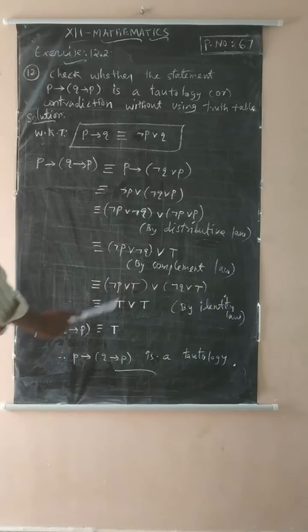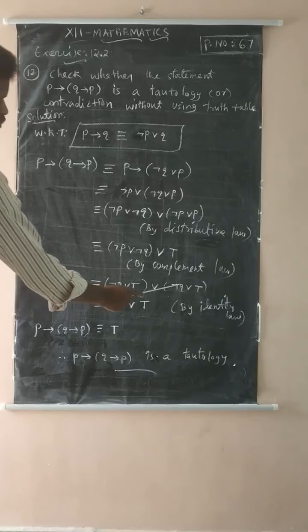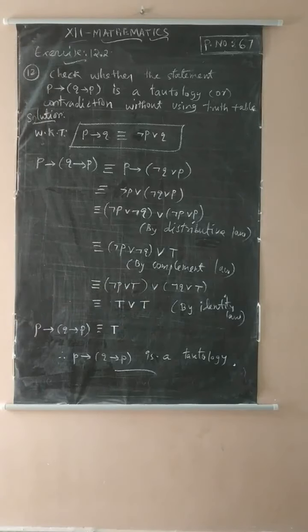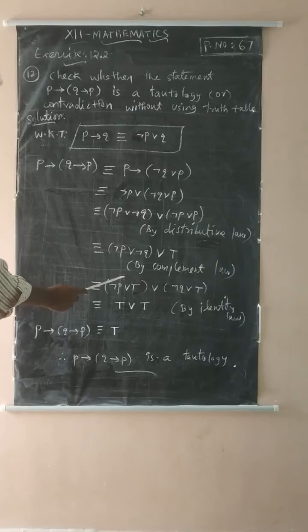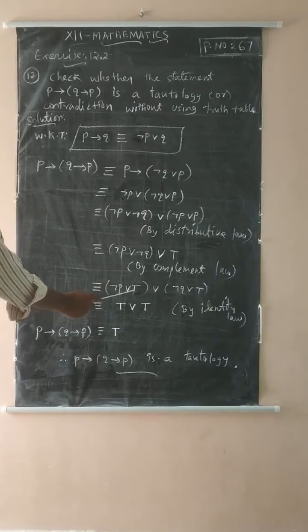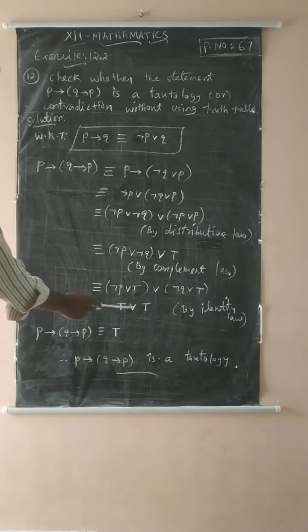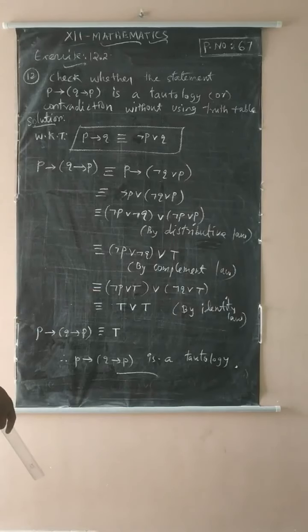Again use the distributive property: negation P or T, negation Q or T. By the identity law, P or T is T. In the same manner this result is also true. True or true is true.